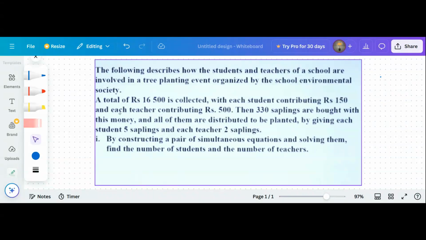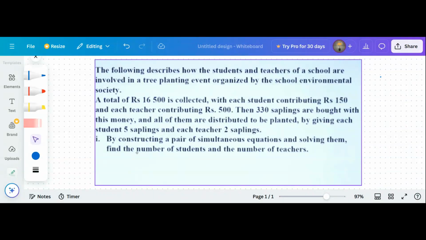It means each student gets five plants and will plant those five trees, and a teacher is responsible for planting two trees.